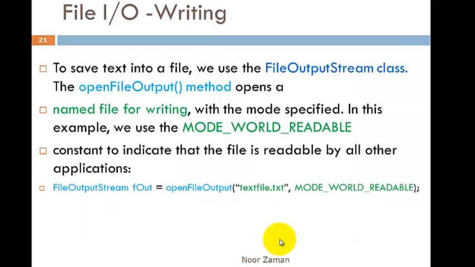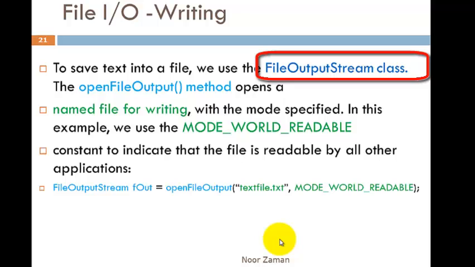As we described earlier, for this operation we need two things. One is to write first into the memory, into the file, and the second is when we want to read it back. For writing, you can see in these details that we are using the FileOutputStream class and also the openFileOutput method.